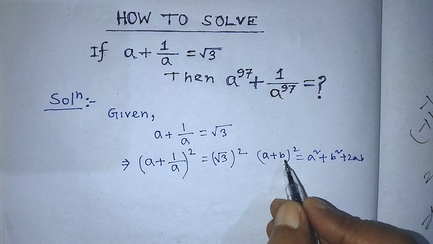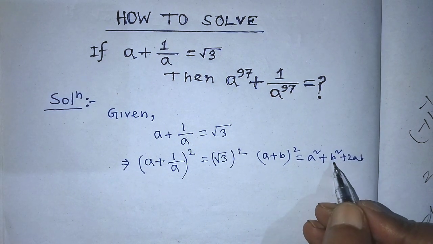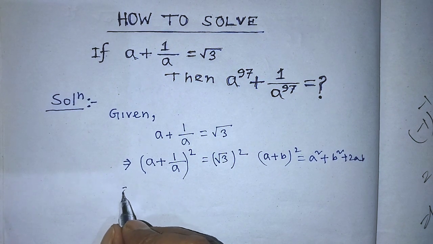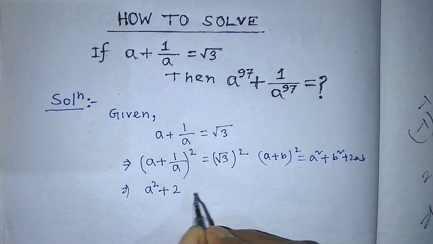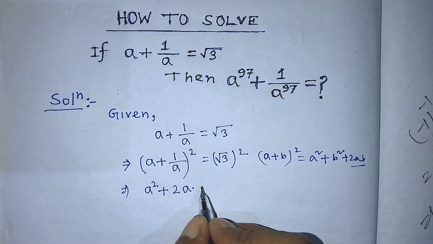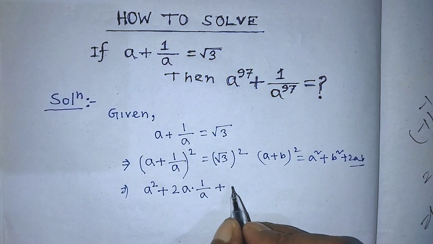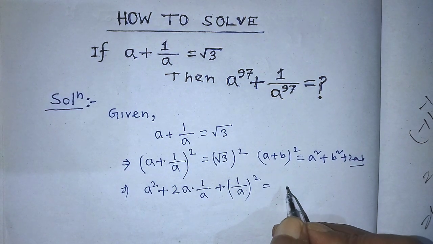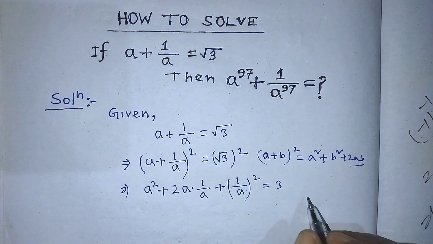To simplify the left hand side of this equation, we apply the formula a plus b whole to the power 2 is equal to a square plus 2ab plus b square. So on the left hand side we can write a square plus 2ab; in the place of 2ab we write 2 into a into 1 over a, plus in the place of b square we write 1 over a whole to the power 2, is equal to, on the right hand side, 3.